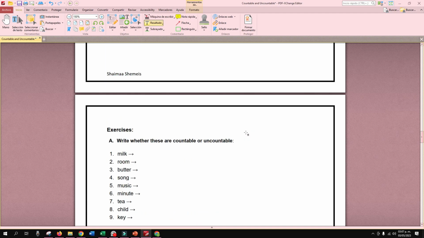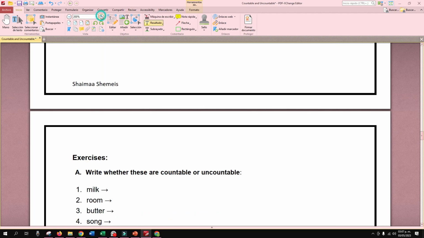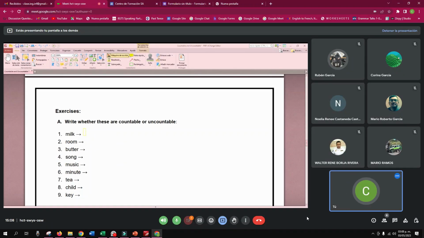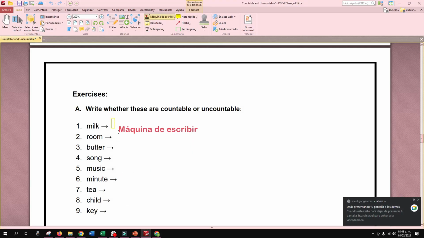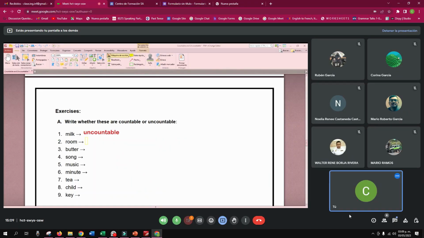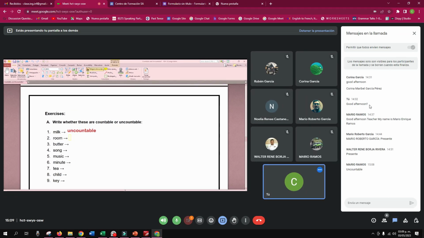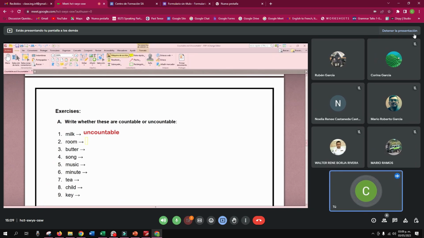So there you have the first exercise. It says, milk, is it countable or uncountable? Uncountable. Uncountable, right? What about room? Room. Countable or uncountable? Countable.